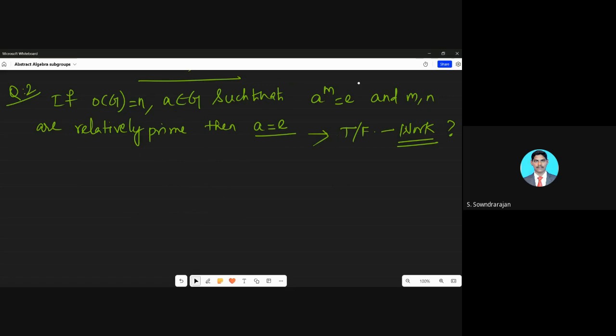Next, true or false questions have been asked in TIFR, Tata Institute of Fundamental Research problems. Again, one more TIFR problem, TIFR 2010.